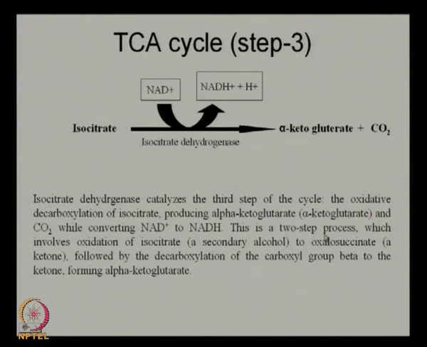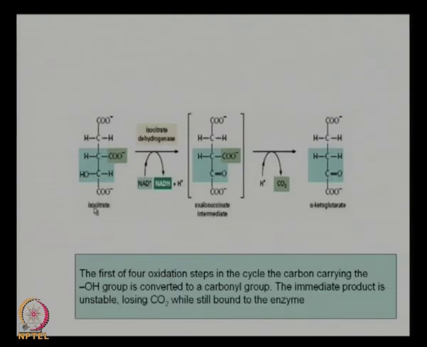This is a two-step reaction which involves the oxidation of isocitrate, a secondary alcohol, to oxalosuccinate, a ketone, followed by the decarboxylation of the carboxyl group beta to the ketone, forming alpha ketoglutarate. So, this is the isocitrate. Here, with isocitrate dehydrogenase, NAD is converted to NADH, the oxalosuccinate intermediate forms, and one molecule of carbon dioxide is released, and we get alpha ketoglutarate.